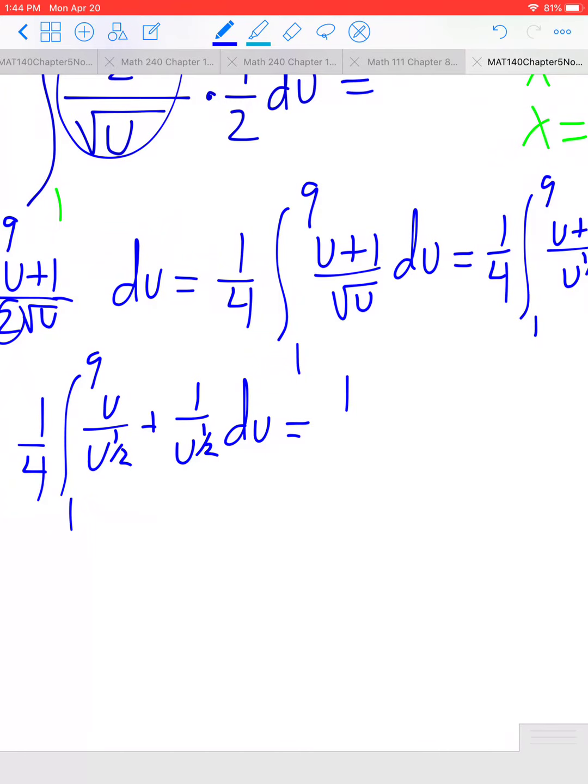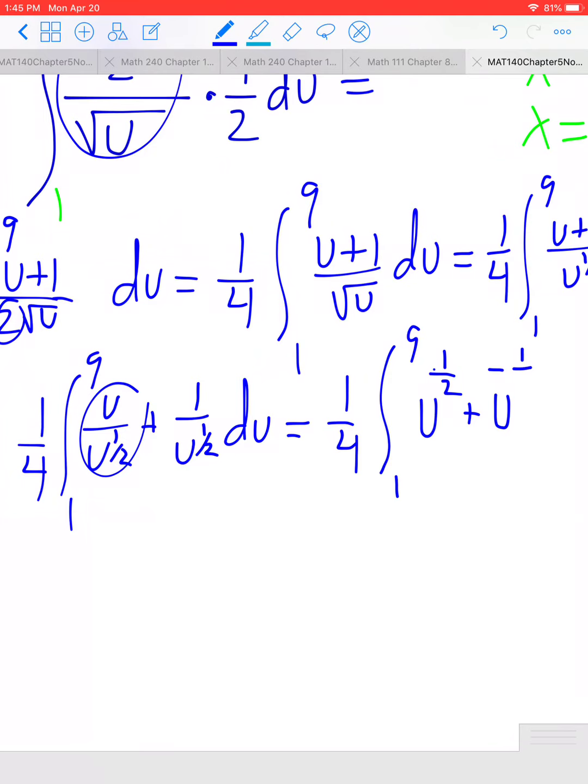Simplify on the inside. We have 1/4, the definite integral from 1 to 9. U divided by u to the 1/2, division by like bases, you can subtract the exponents. 1 minus 1/2 is 1/2. And then 1 over u to the 1/2 we can rewrite as u to the negative 1/2 du.